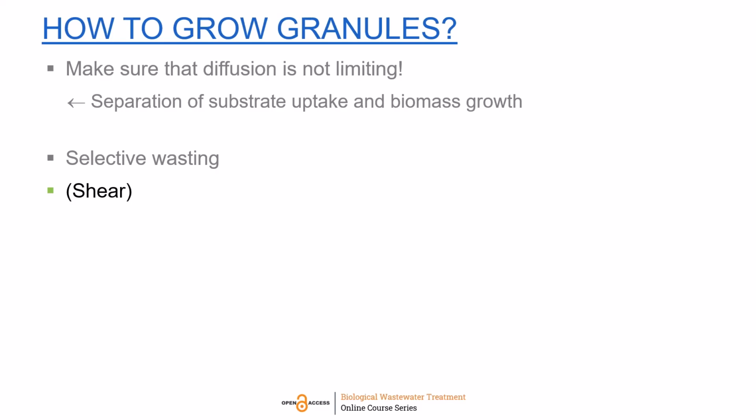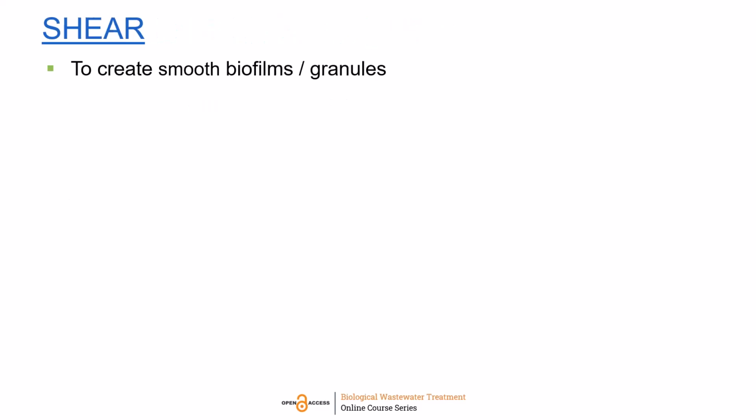And how about shear as a selection pressure? You see that I put shear between brackets, which already indicates that it will not be a main selection pressure. In the literature, there are definitely indications that applying shear will help to create smooth biofilms or granules.